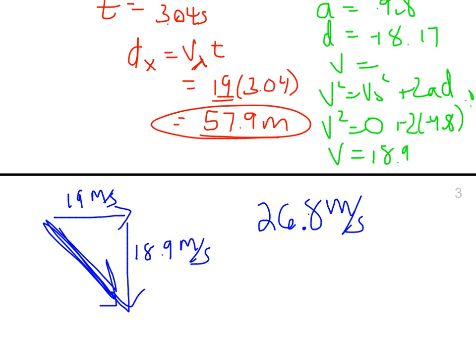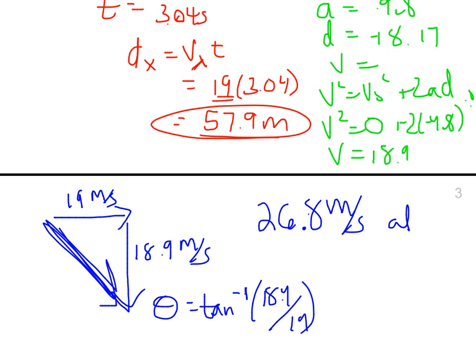And again, if I wanted to be totally cool, I could find the angle, which would be the inverse tangent of 18.9 over 19, which comes out to be 44.8 degrees. We'll round it to 45 degrees below horizontal.